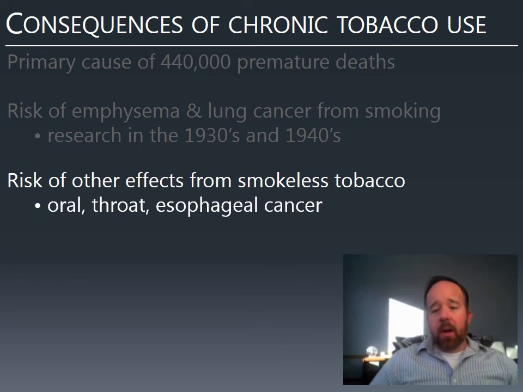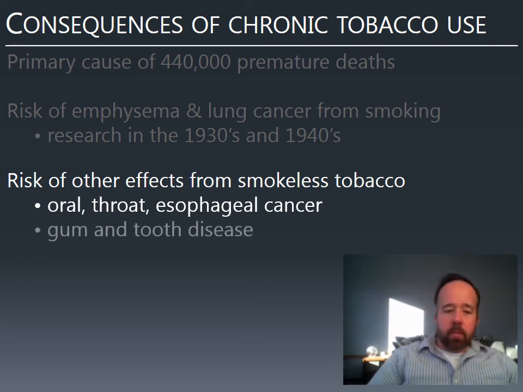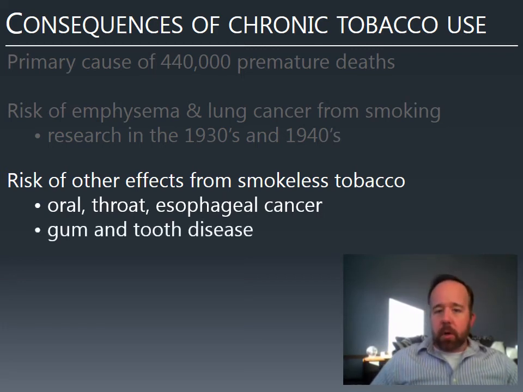And so obviously, your cancer risk for your whole body goes up, but the particular systems that are most affected are those systems that come into contact with tobacco, depending on your method of usage. For chewing tobacco, you also get things like gum and tooth disease. As we'll see, tobacco affects the cardiovascular system, and part of that effect is that those surface tissues really suffer because you lose those blood vessels near the surface of the skin, or in this case, the mouth.